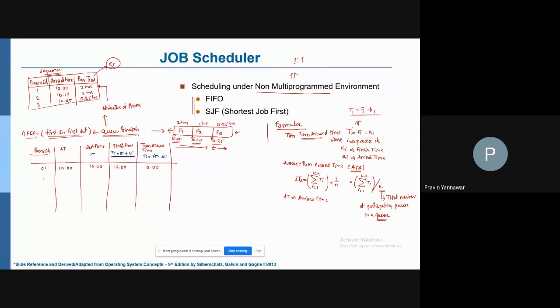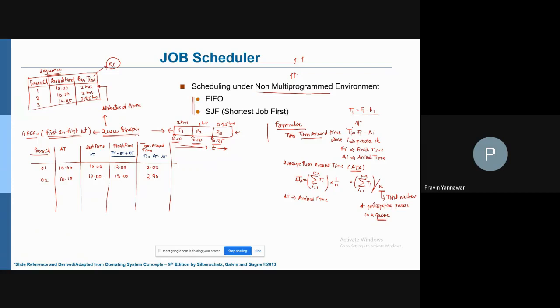Then you can go for the second process, which arrived at 10.10, but it is served only once the first process is over, at 12.00. It is executed for 1 hour, so it will end at 13.00. So 13.00 minus the arrival of 10.10 gives 2.90 hours.